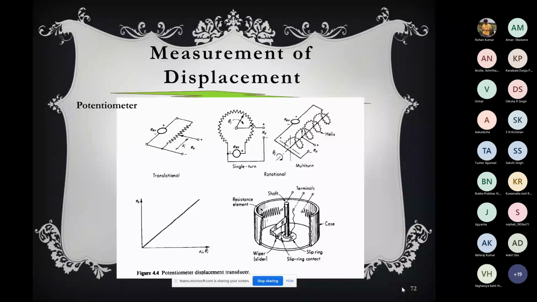This is basically a translational potentiometer, a simple potentiometer. A DC voltage of Eex is applied, the slider moves on the resistance, the slider displacement is Xi, and the output is E0, which you can measure with the help of a voltmeter.